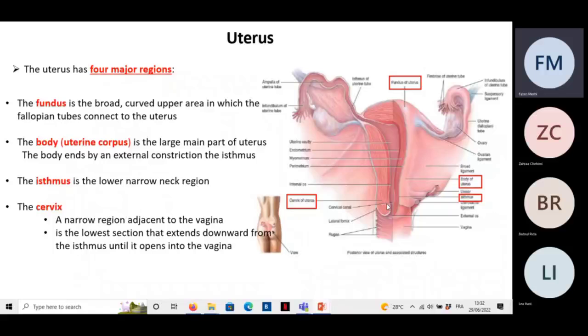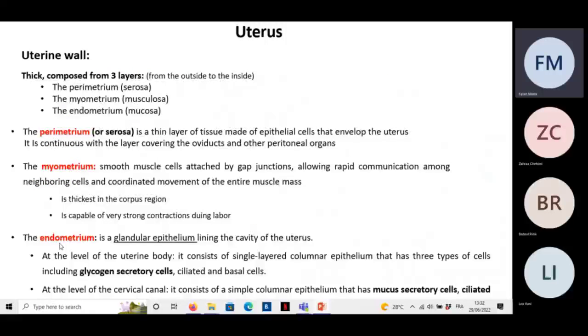And finally, the most internal layer of tissues of the uterus is called the endometrium. In fact, this endometrium is an epithelium, an epithelium lining the cavity of the uterus.